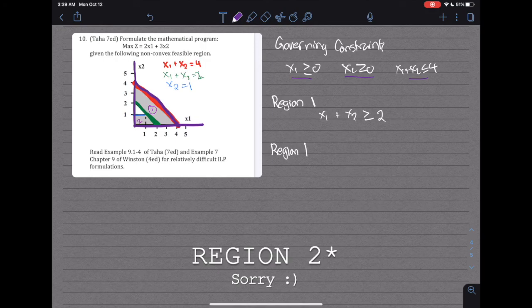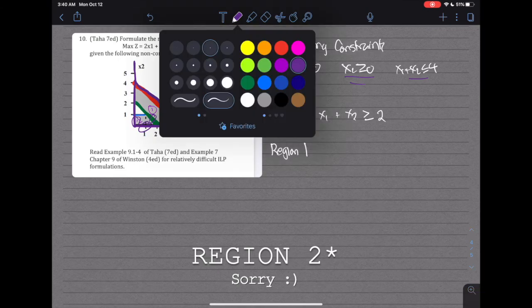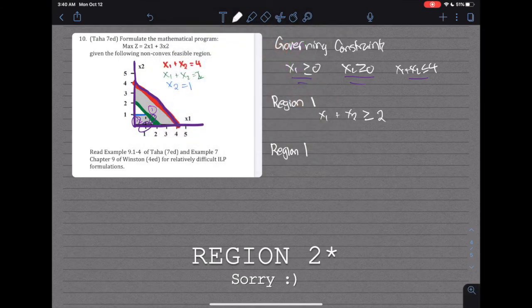Region 2 is defined by this constraint, which is x1 is greater than or equal to 0. This constraint is defined by x2 greater than or equal to 0. And this constraint is defined by x1 plus x2 is less than or equal to 2.